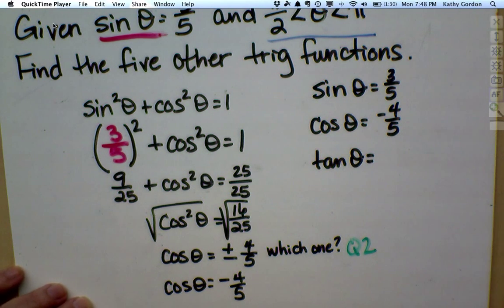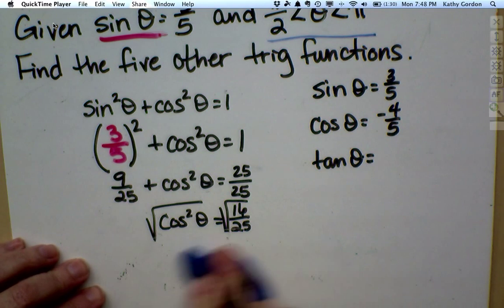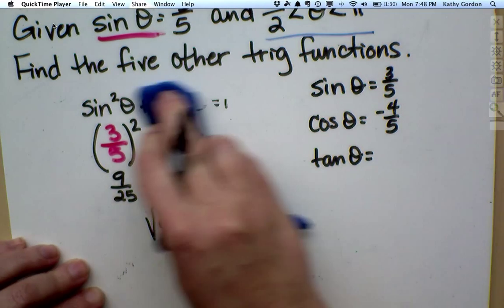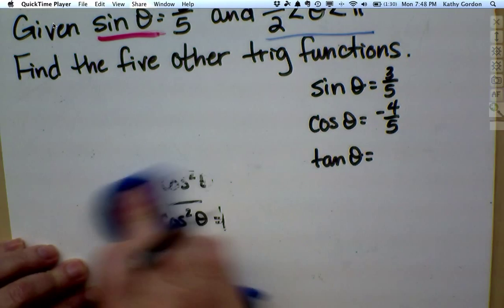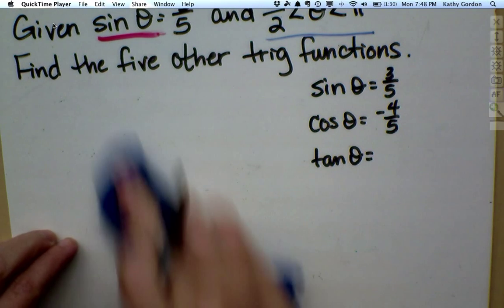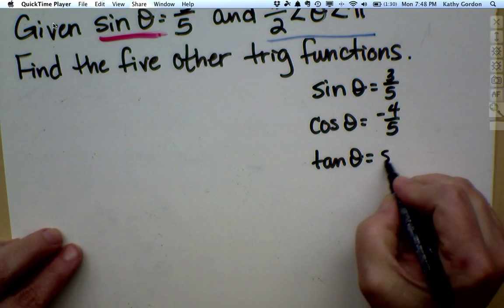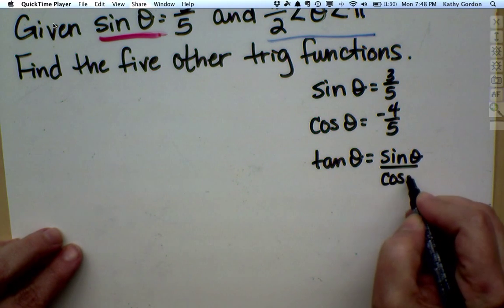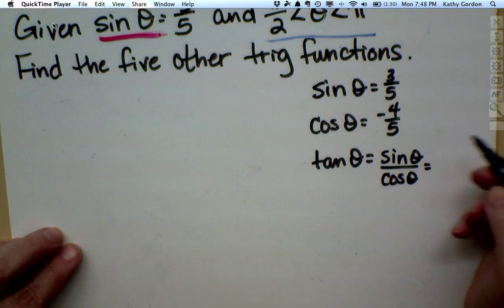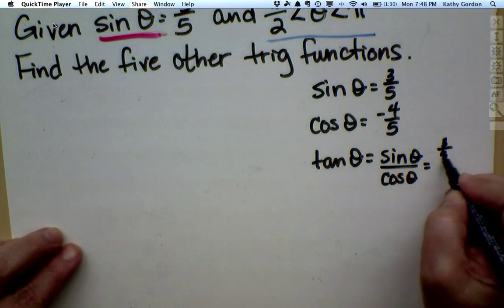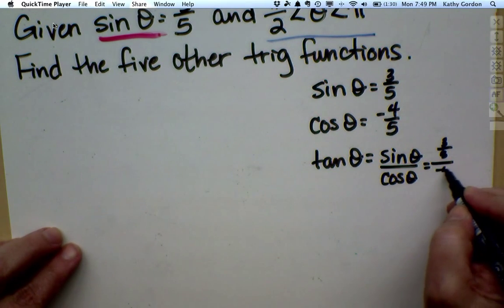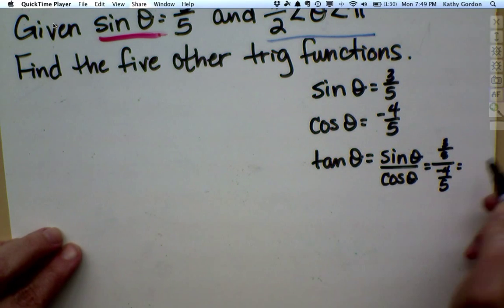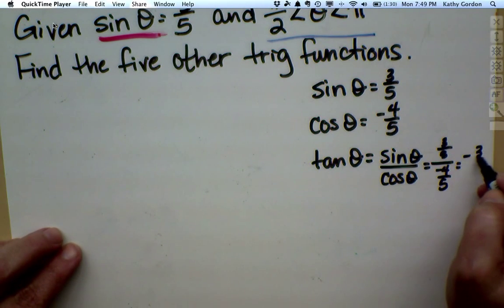Well, for tangent, we can now use the quotient identity, which says that tangent is equal to the sine of theta over the cosine of theta. Sine of theta was 3/5. Cosine of theta was negative 4/5. That means my tangent of theta is going to be a negative 3/4.